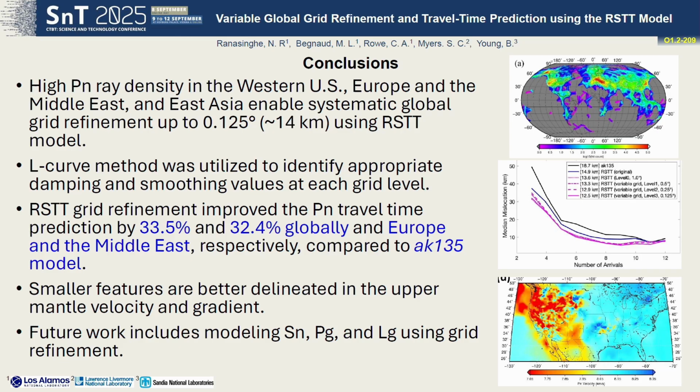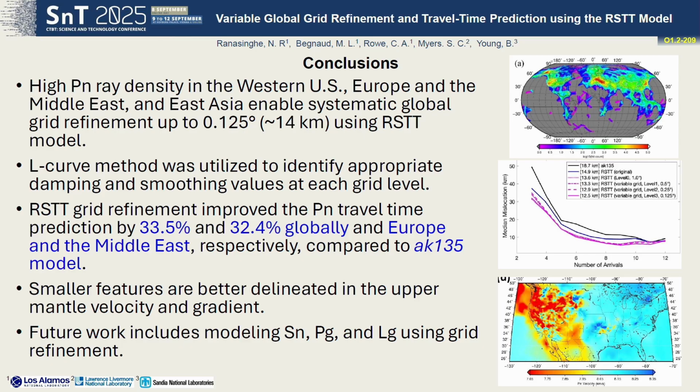The L-curve method was used to identify appropriate damping and smoothing values at each grid level, both for upper mantle velocity and then mantle gradient. The RSTT grid refinement improved the Pn travel time prediction by 33.5 and 32.4 percent globally and in Europe and the Middle East respectively, compared to the AK135 model.